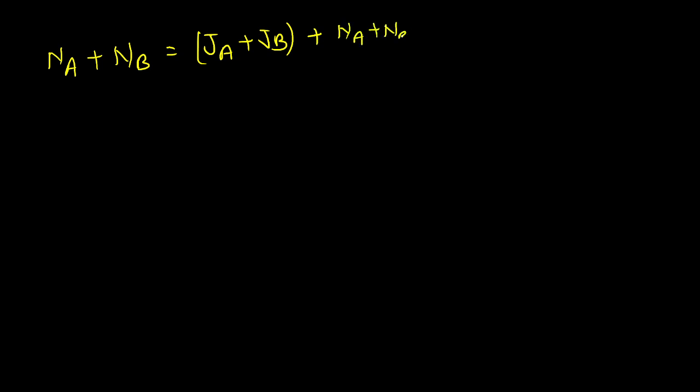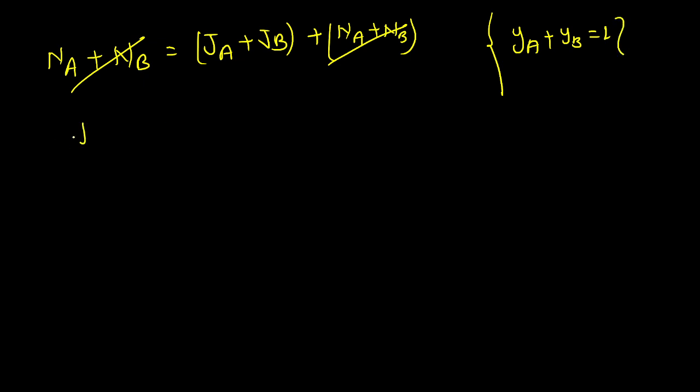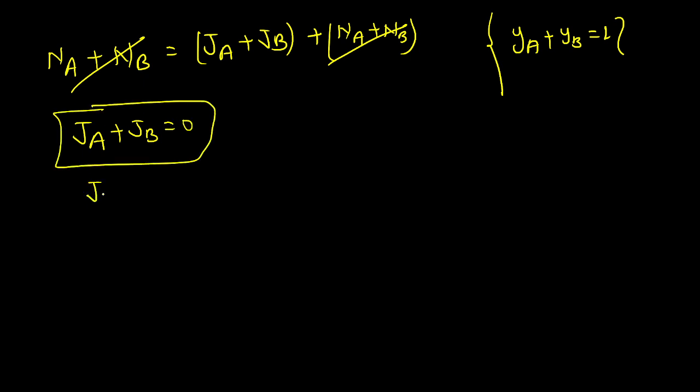So now Na plus Nb is equal to Ja plus Jb plus Na plus Nb. Why? Because Ya plus Yb, the sum of mole fractions, is equal to 1, right? So from here you get Ja plus Jb is equal to 0, or you can write Ja is equal to minus Jb.